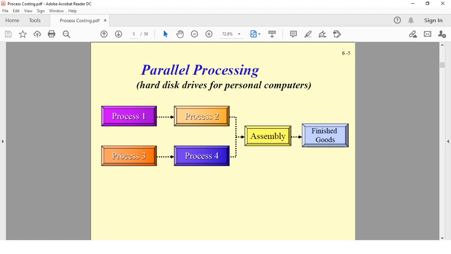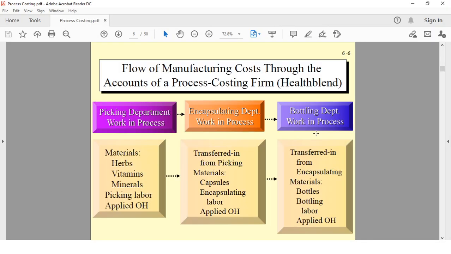Whatever the cost of each process, it will then all transfer to the assembly department. Then it will be considered a finished good. So there are again the processes.